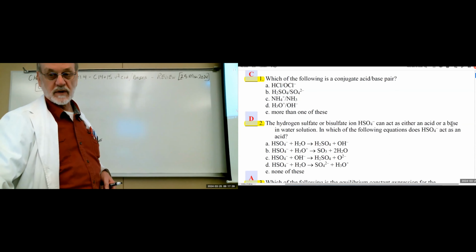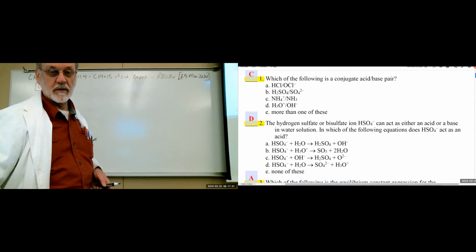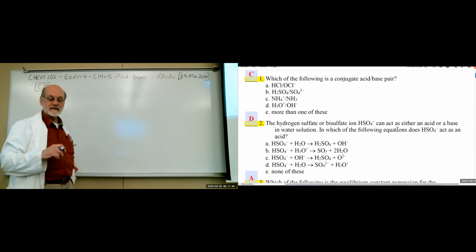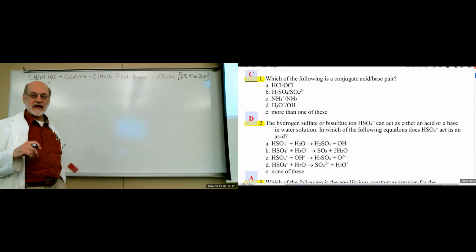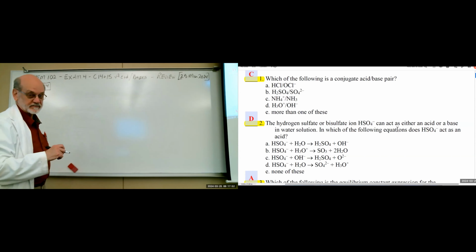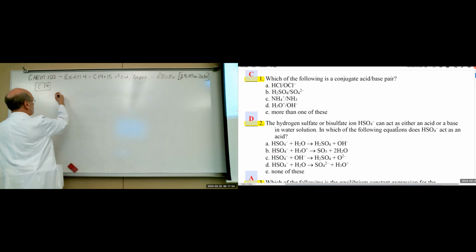Let's see, this is getting in my way. There we go. Hydrogen sulfate, or bisulfate ion, can act as either an acid or a base in water solution. That's a statement of fact. So this is 2.